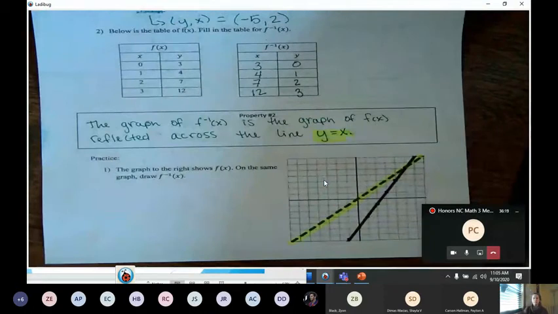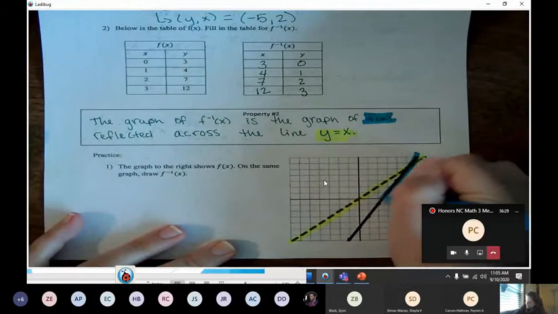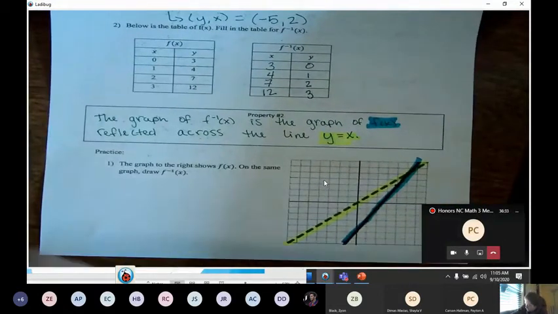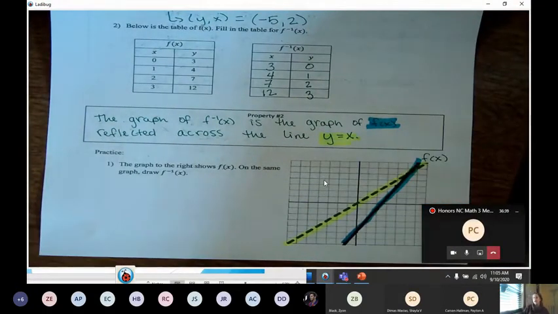The f of x is the solid line, the blue line, and we're reflecting across the line y equals x. This works with any function. I'm just using a line because a line is pretty easy to follow. It's pretty easy to see how the reflection works.